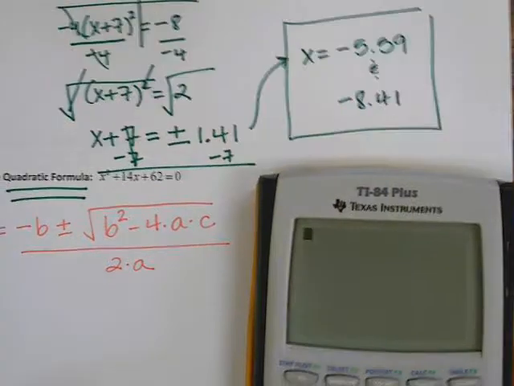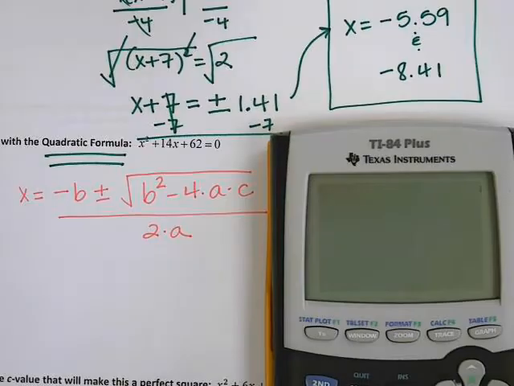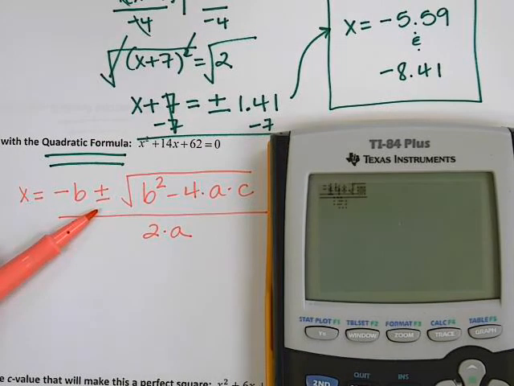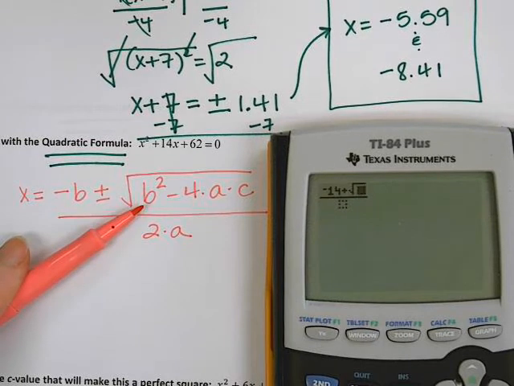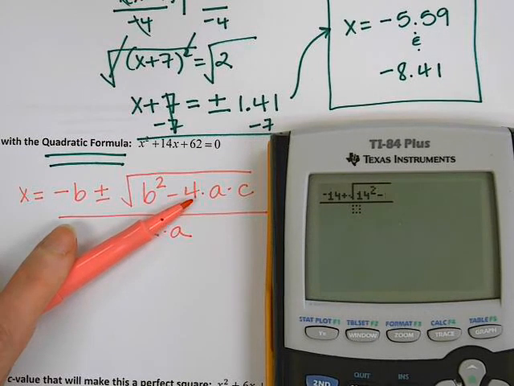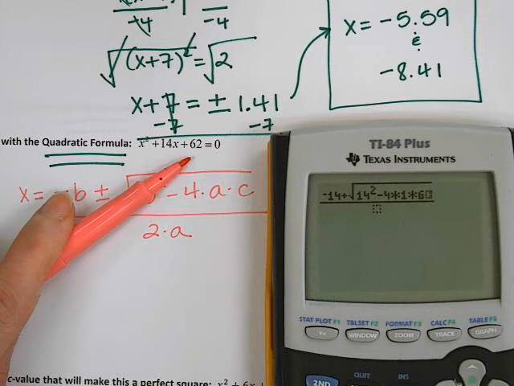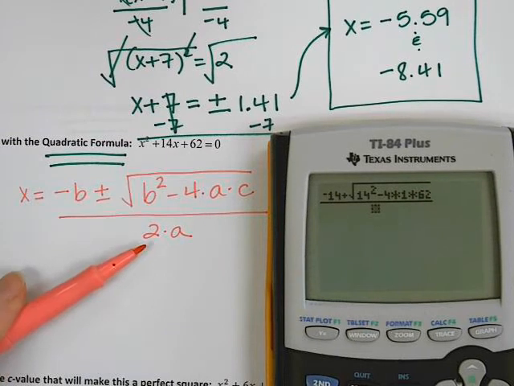So let's just do it straight in the calculator. So make your fraction. Okay, negative b would be negative 14. Let's do the plus square root b squared, so 14 squared, subtract 4 times a is 1 times c is 62 all over 2 times a, which was 1.